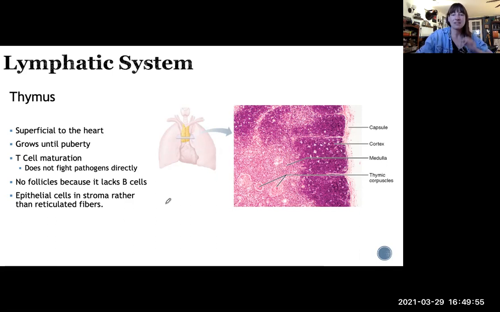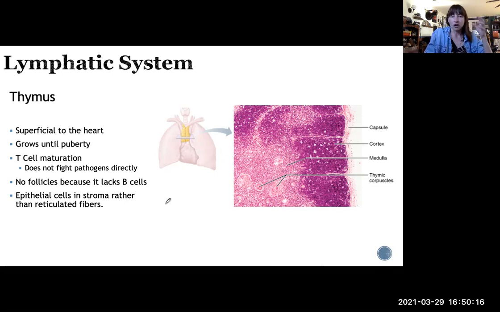So having T cells mature literally just means that you're teaching them to respond to a particular antigen. So as your life goes on, you're exposed to more and more antigens, which can be pathogens or pollen or whatever.